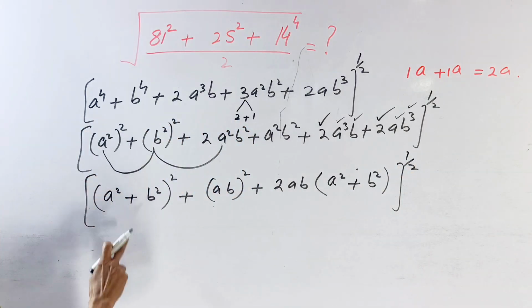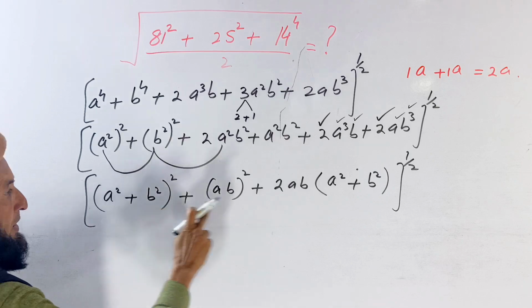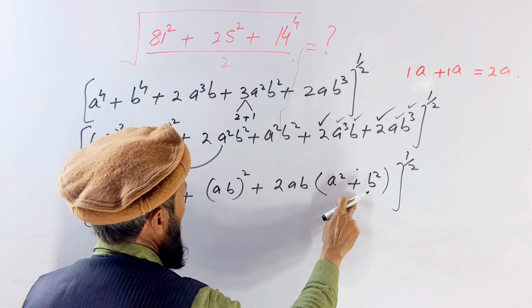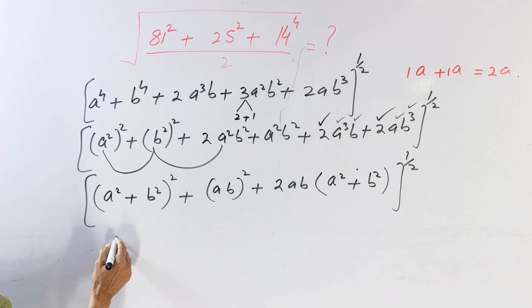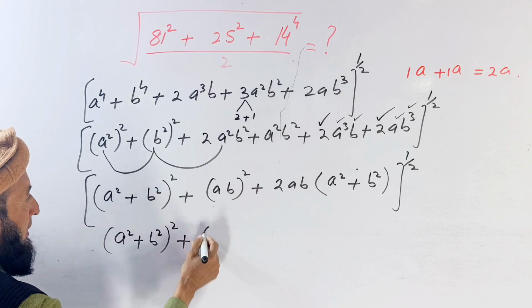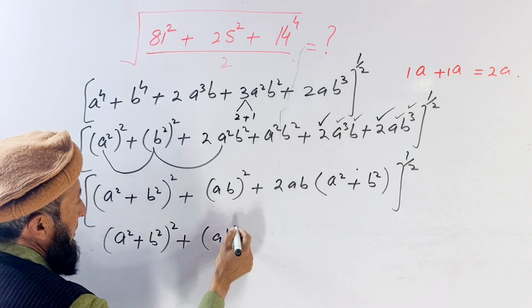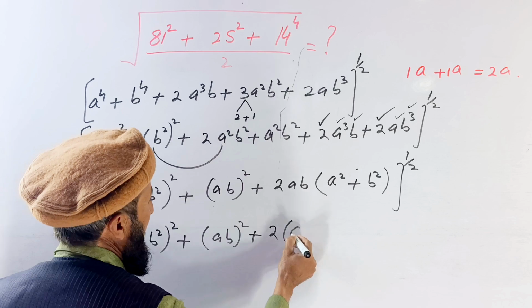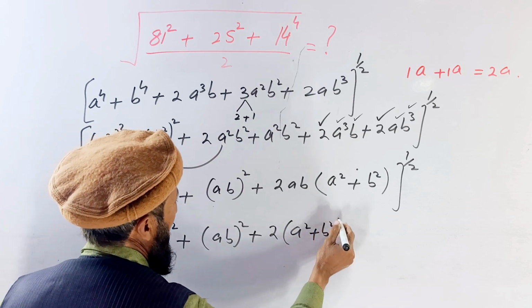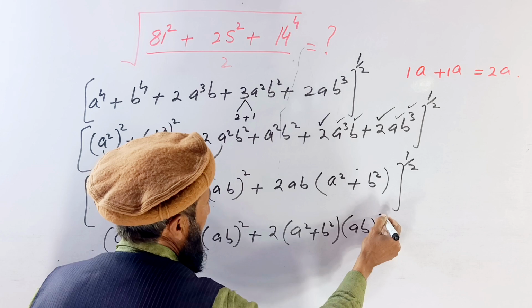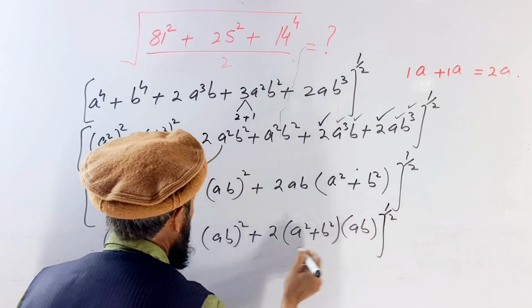Now look here, a^2 + b^2 + 2ab + 2ab. According to the formula, this is (a^2 + b^2) plus 2(a^2 + b^2)ab, whole exponent 1 by 2.